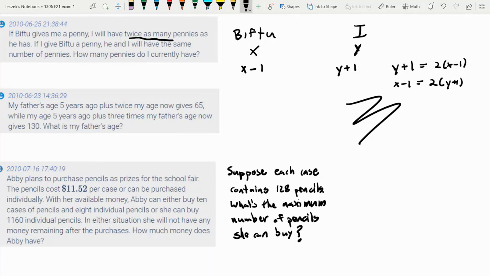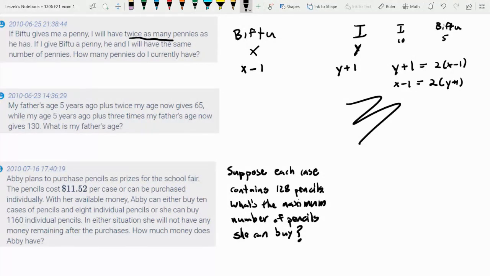I have twice as many pennies. Well, if you do a thought experiment, I might have 10, right? So Biftu in that case will have only 5. So whose number do you need to multiply to get equality?